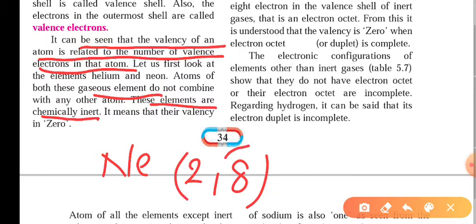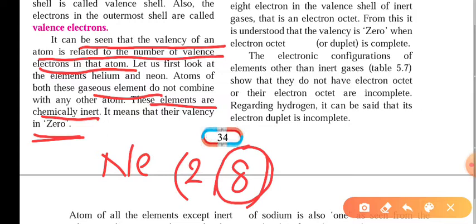You can see here the second shell's maximum allowed is 8 and it has 8. So it's complete. If elements have a completed outermost orbit, they are called inert elements, or chemically inert. They do not form any chemical bond with other atoms to make different molecules. They are separate, and that's why their valency is 0.